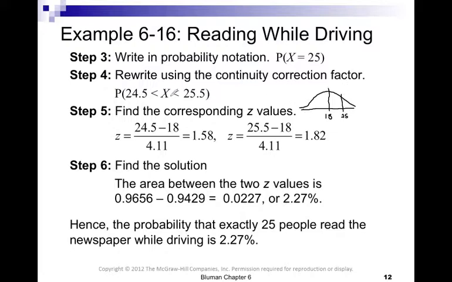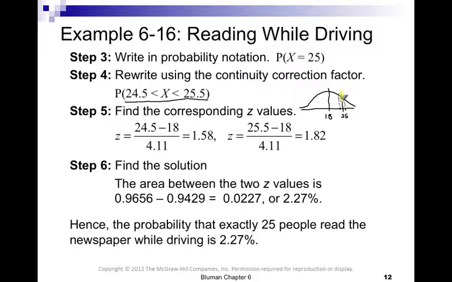So we're going to use the correction factors. We're going to go 0.5 below it, and that would be 24.5, and 0.5 above it, which is 25.5. So that's where these numbers come from. Below it is 24.5, above it is 25.5. So we've sandwiched our value between those two.